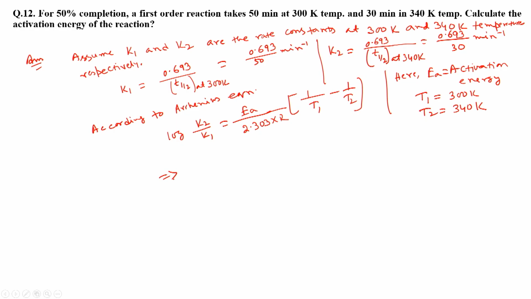If you substitute the values, the log value of K2 is 0.693 by 30 and the value of K1 is also given, so you get 50 by 0.693, equals Ea by 2.303, the value of R is 8.314, and then 1 by 300 minus 1 by 340.